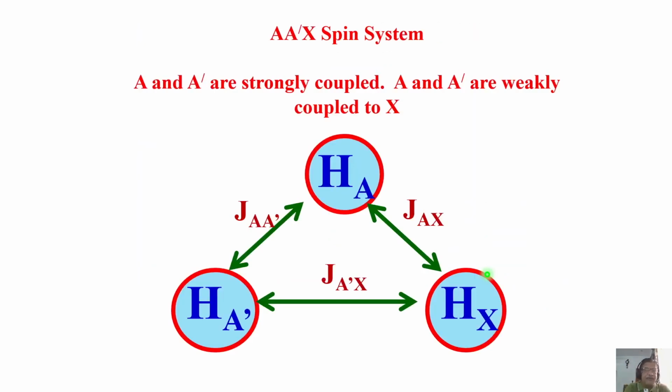When you get such a type of spectrum, you have to be careful. This is the AA prime X system. I'm giving you a deliberate example of this because it is very useful for you. It is a classic example where A and A prime are chemically equivalent.